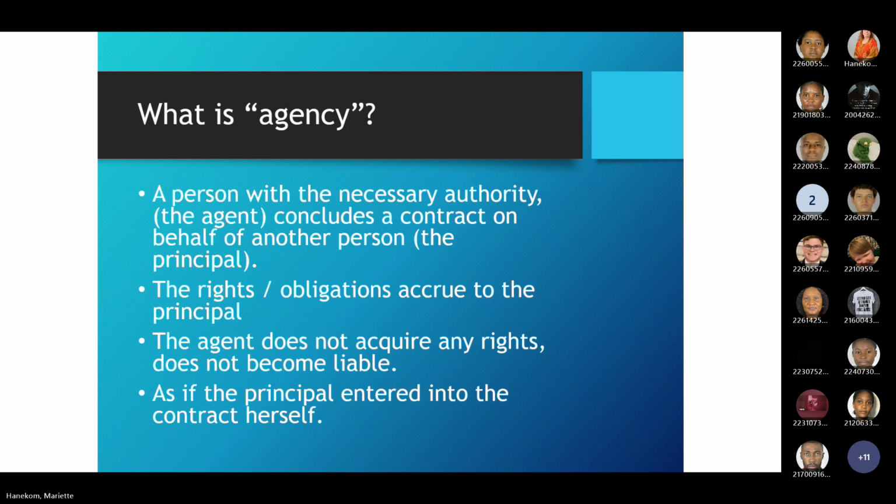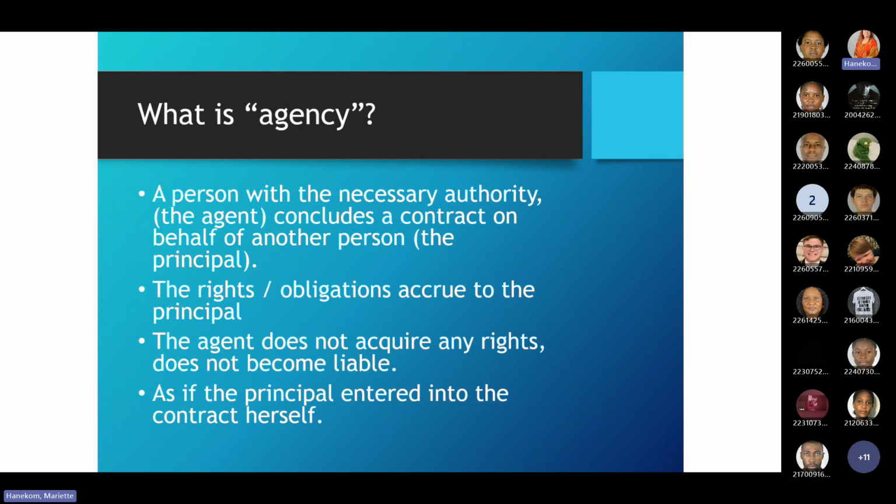If I sent Roland to go and buy me a burger and a Coke, he has to come give it to me. He doesn't get the right to eat it. If I didn't give him the money and sent him to go and buy it on my account, the liability to pay for it remains my liability.